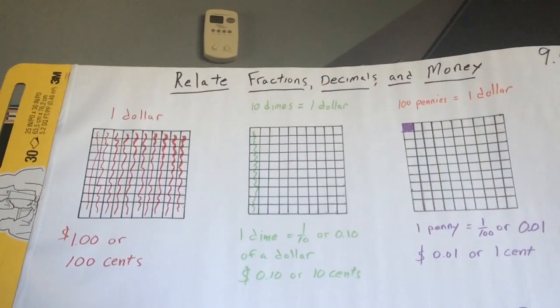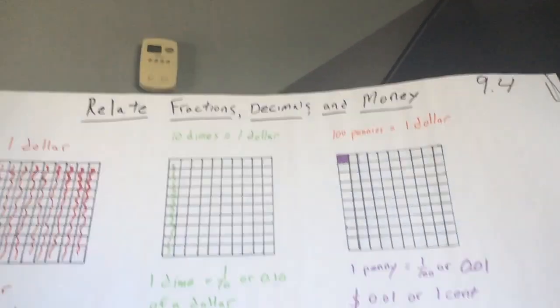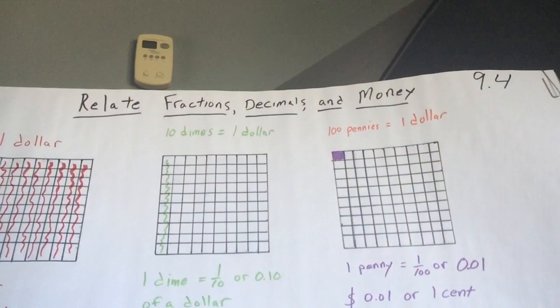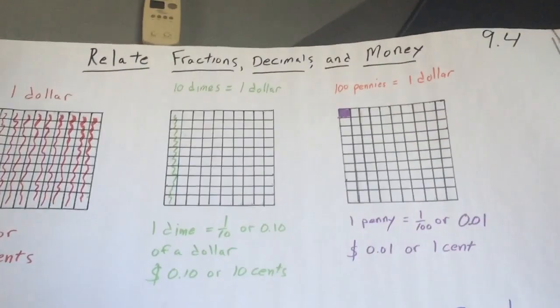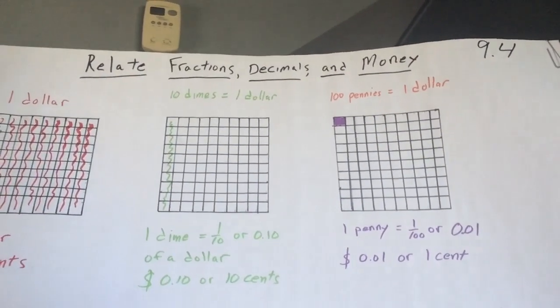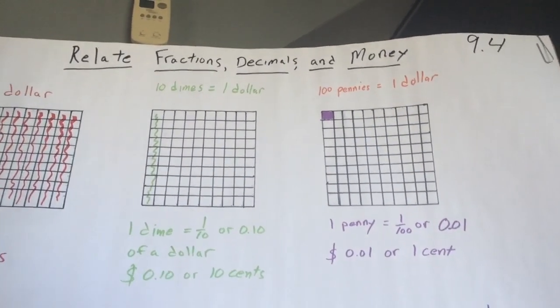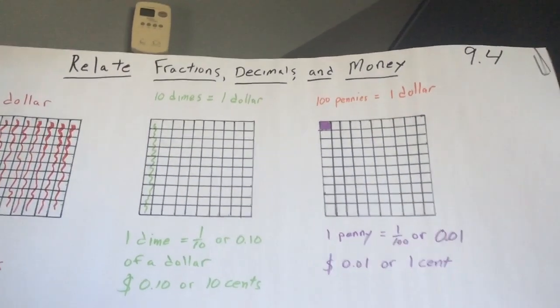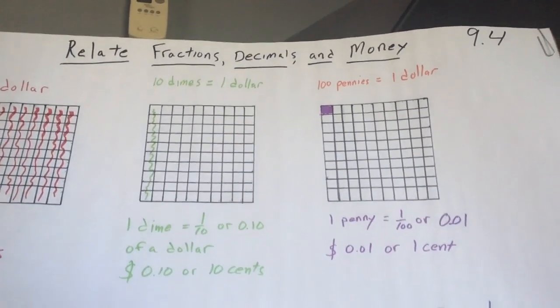And that's our middle, the dimes. And if you look all the way to the right here, if we break it up into pennies, we have 100 pennies. But if we only fill in 1 penny, up in the top corner in purple, you see only 1 penny. That is 1/100th, or 0.01 of a dollar. And in money terms, that equals 1 cent.